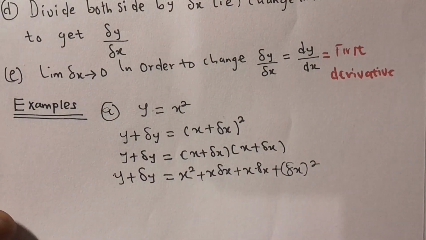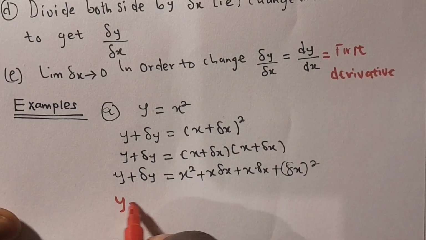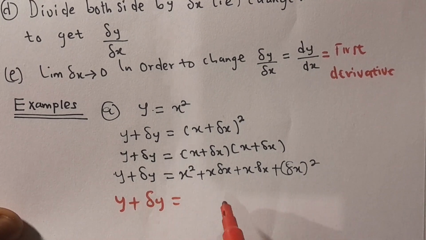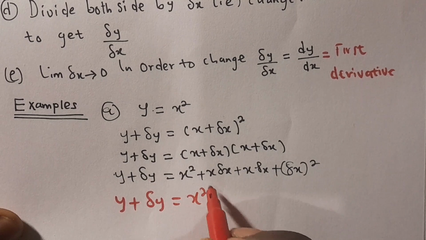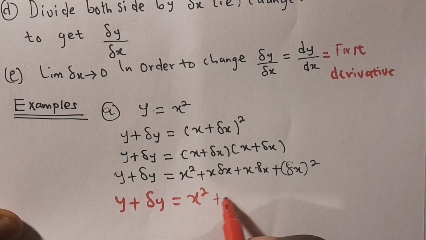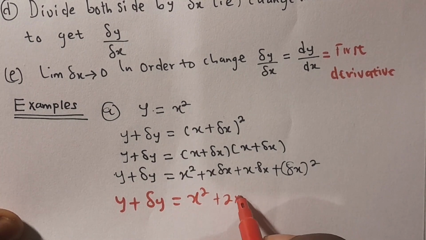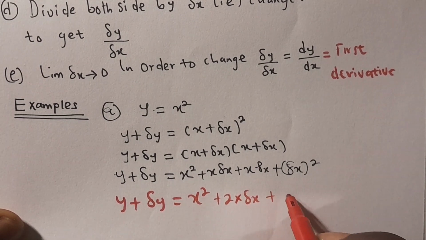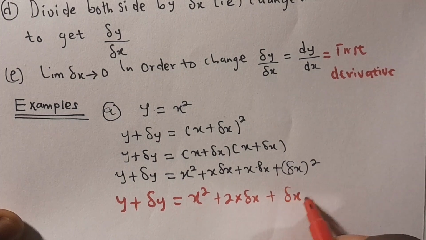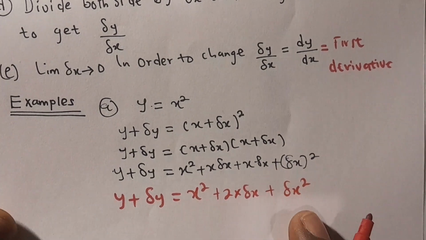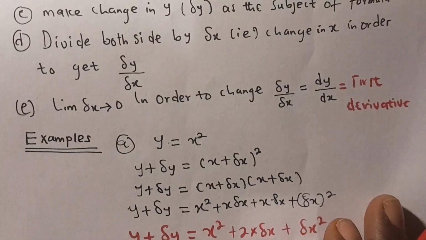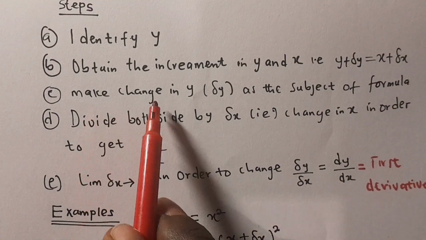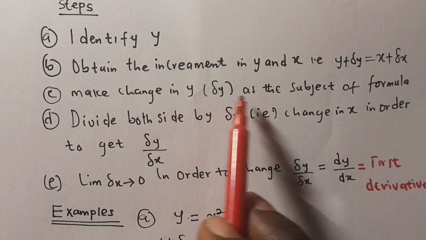So from here, we have y plus change in y equals x squared, plus this plus this, which is 2x change in x, plus change in x squared.